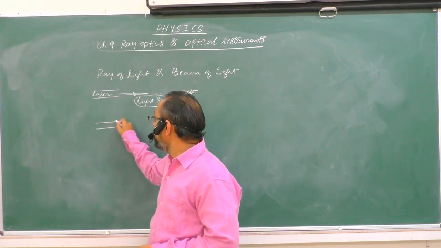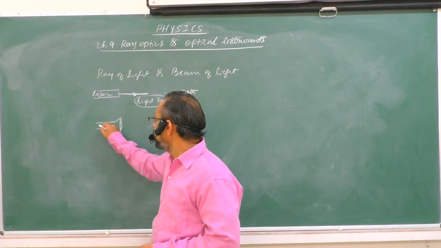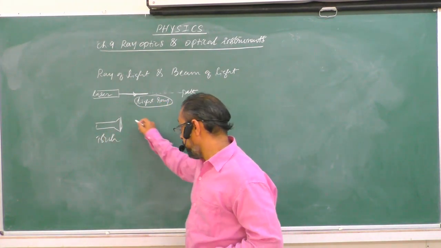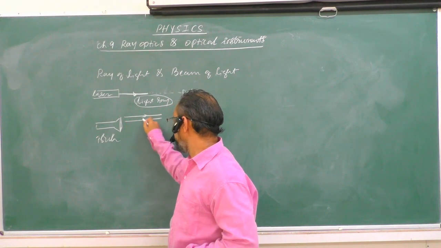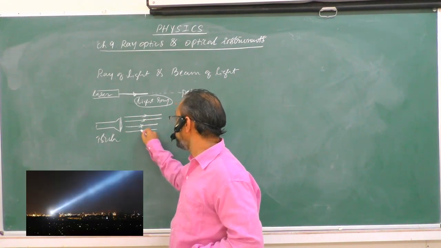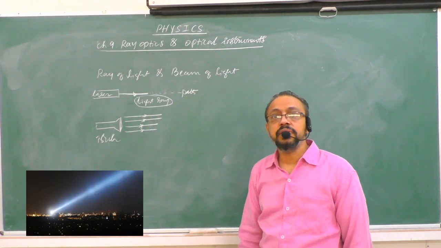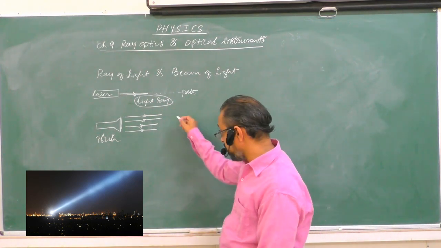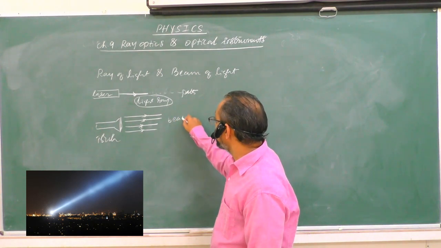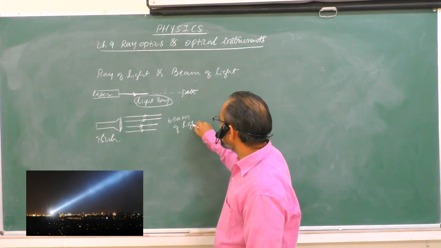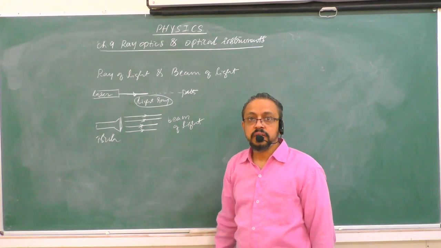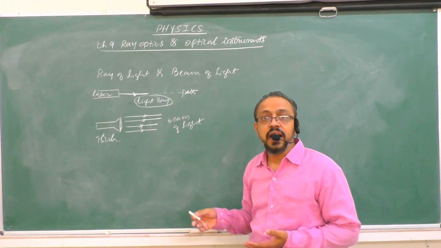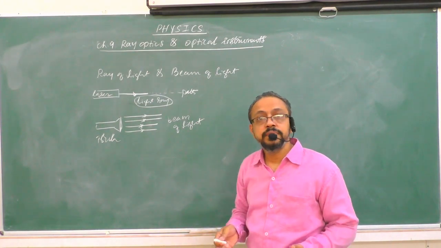If you are using a big torch, it may produce parallel light rays. The collection of those parallel light rays together you can call a beam of light. This is a brief explanation about ray of light and beam of light.